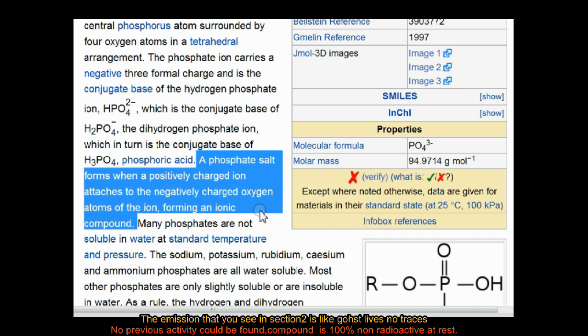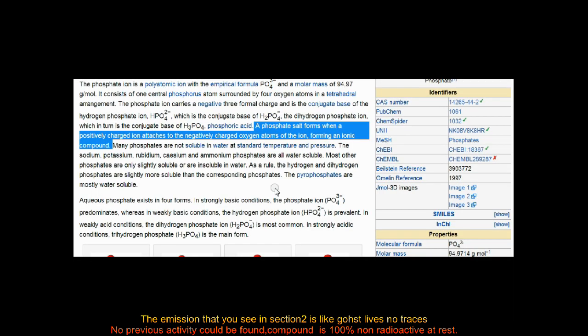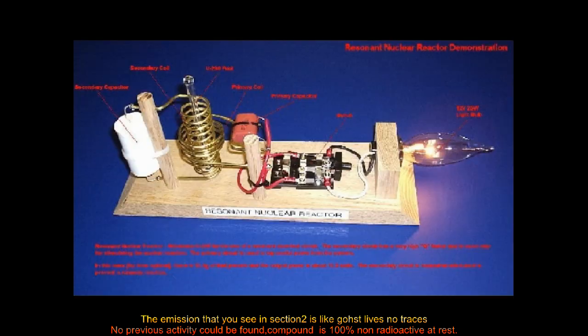Phosphide and phosphide properties used in a compound. I'll explain here. This is similar Russian device, but it's based on radioactive material that is placed in the vertical glass tube, as I'm using 100% non-radioactive substance.